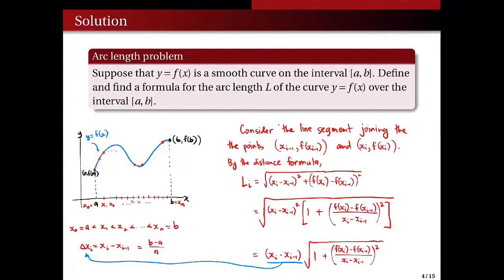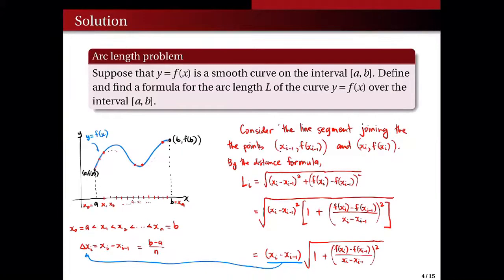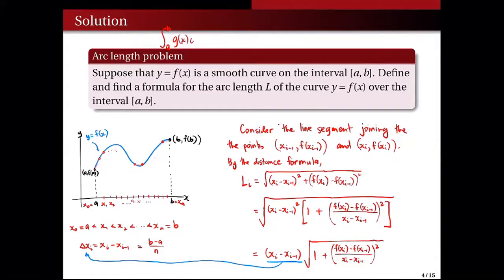Now, this guy here will be replaced by delta x sub I. But remember when we are doing definite integrals, okay? When we are doing definite integrals, you have, say, integral from a to b of some function g of x dx.